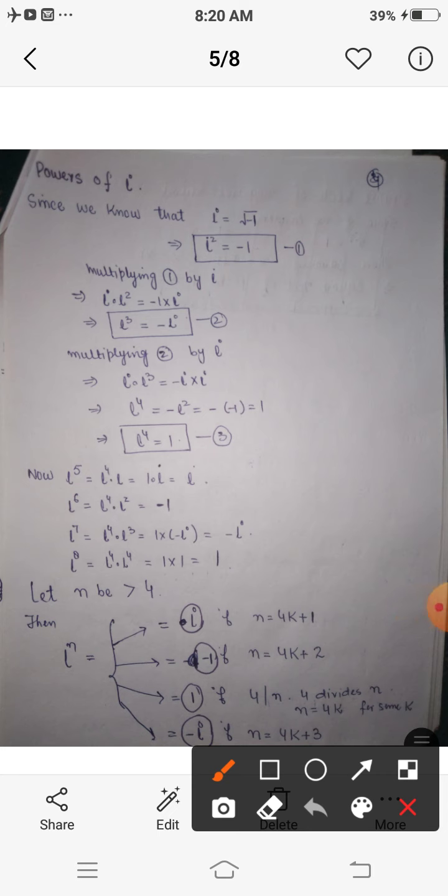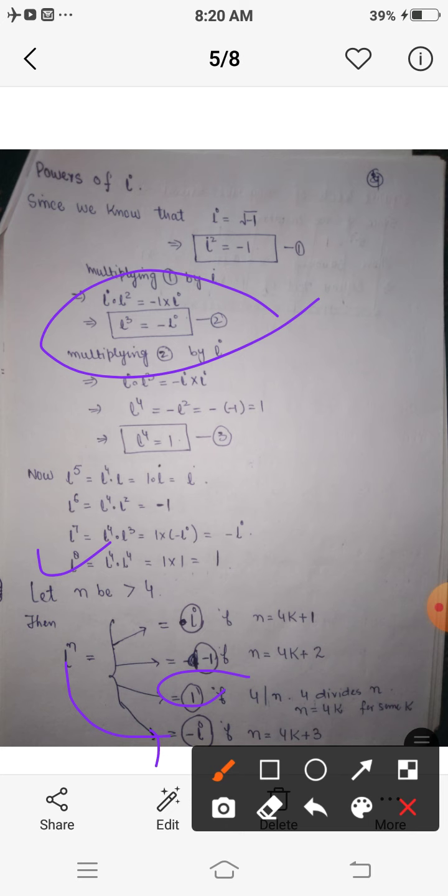Now iota cube is simply minus iota, that is why its value is minus iota. Now the fourth possibility is when 4 divides n, that is the remainder is 0. When the remainder is 0, power is a multiple of 4. When power is a multiple of 4, the value is 1, like in iota raised power 8.